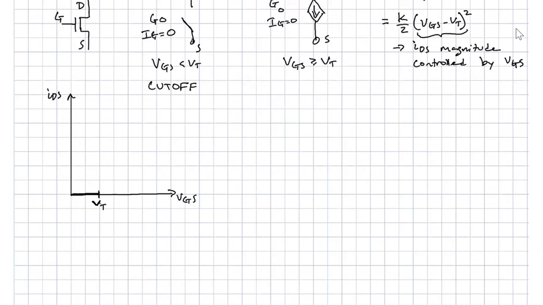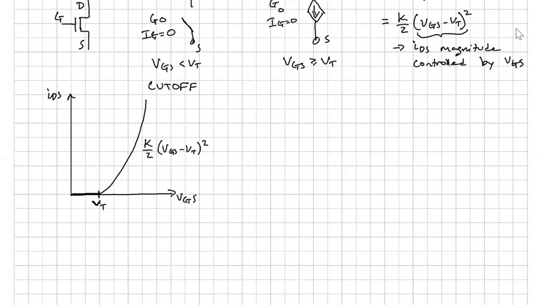When VGS gets greater than VT, we're going to have this parabolic, or square, increase in drain source current. And this is going to happen as this k/2 (VGS minus VT) squared.